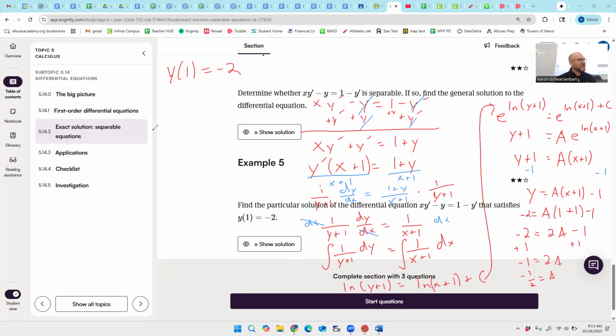Welcome to differential equations. Okay, that is not done. I am not done. My particular solution is this, and you have to write out that. Do not, you lose a point if you don't actually fill in A and write the solution.